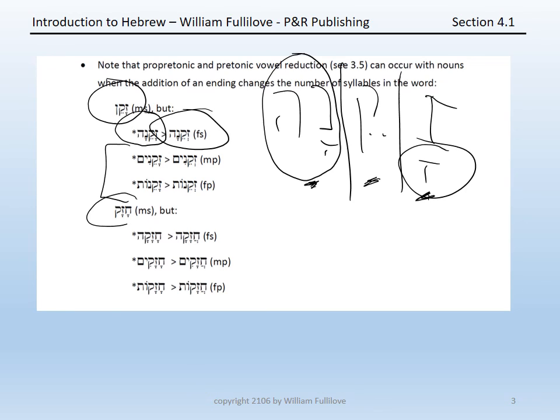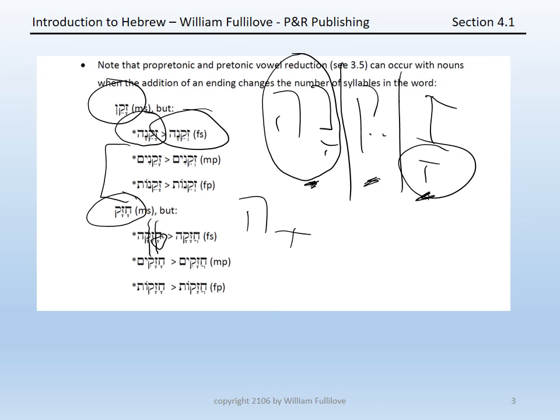Similarly, chazaq in the masculine singular, strong, with the addition of a feminine singular ending a, becomes a 3-syllable word, cha-za-qa. And again, propretonic reduction will not let the qamets in the propretonic syllable exist.